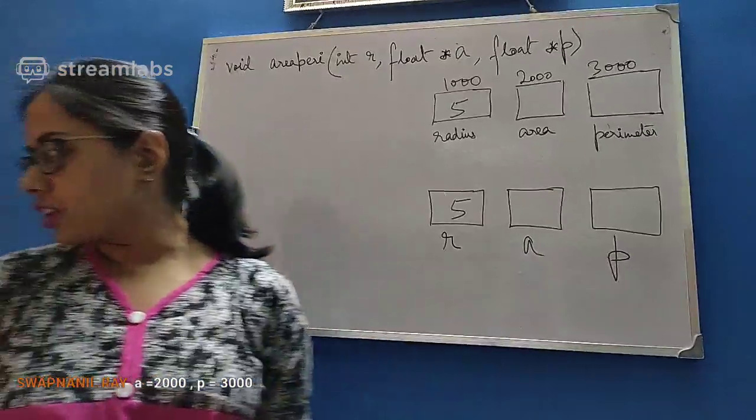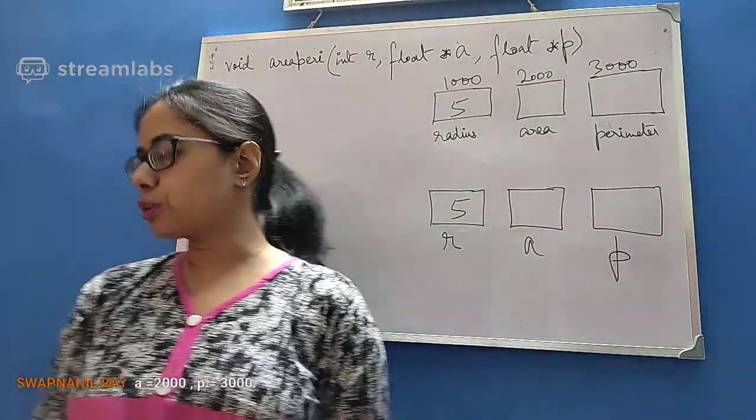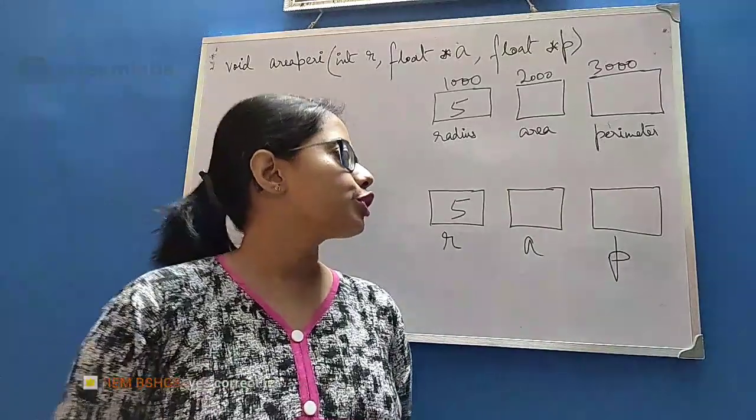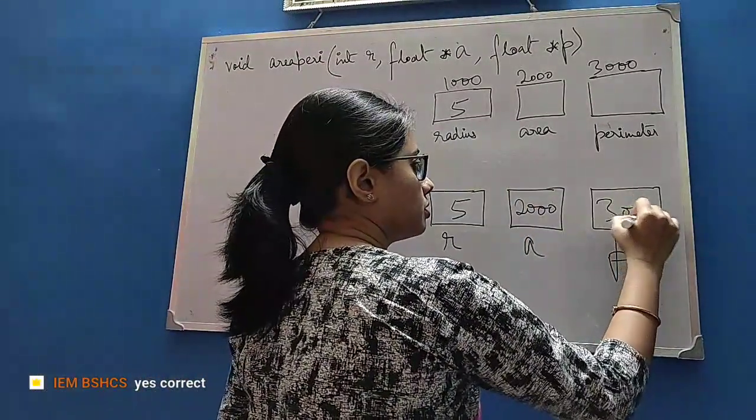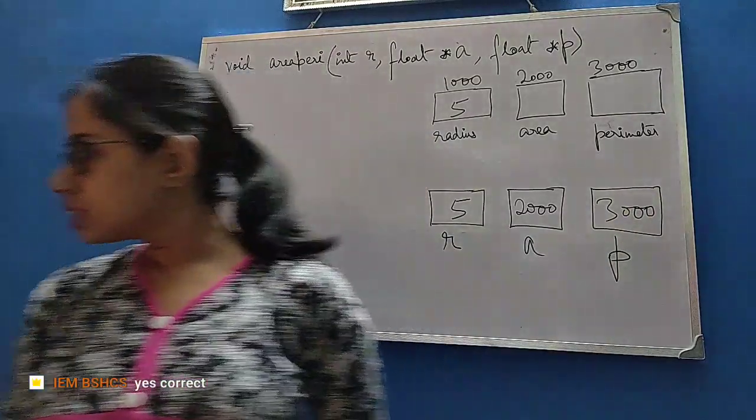Very good. I have got the correct answer at the first shot from Shapnonil. Thank you, Shapnonil. It should be 2000 and 3000. Right?